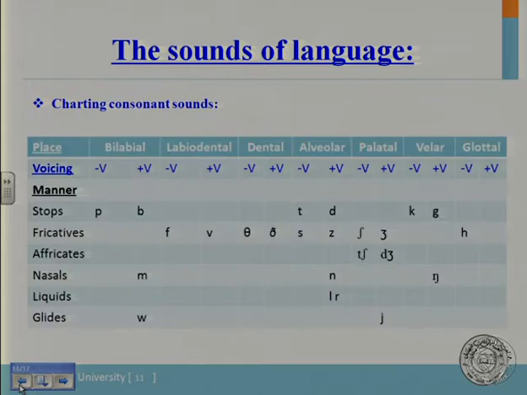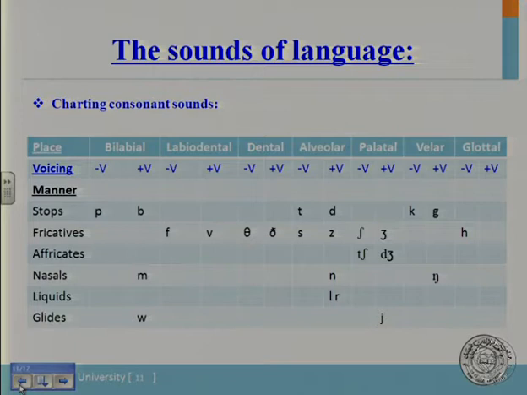Now, this chart is very important, and it summarizes the voicing, the place of articulation and the manner of articulation, so we can also know whether the sound is voiced or voiceless. Let us take them one by one as a summary for this lecture.